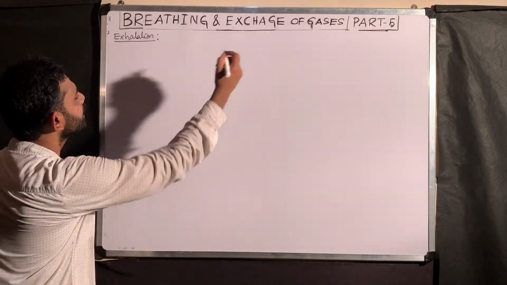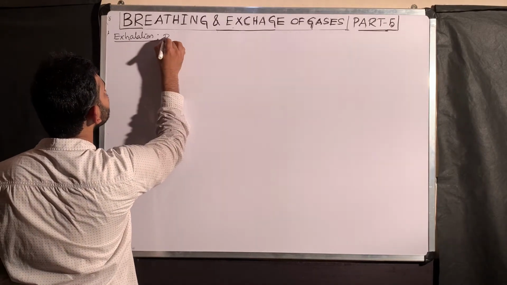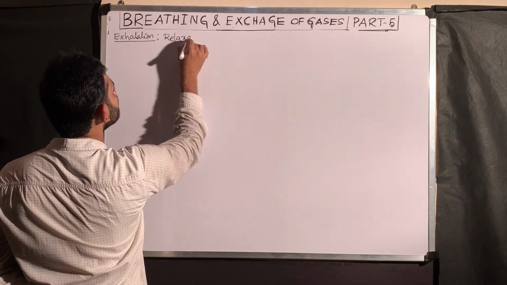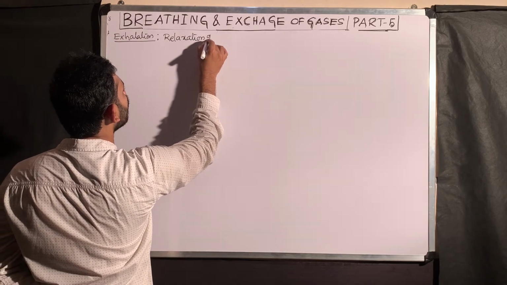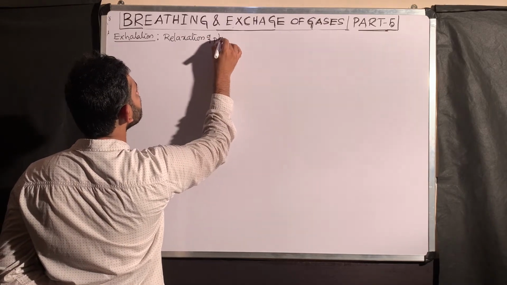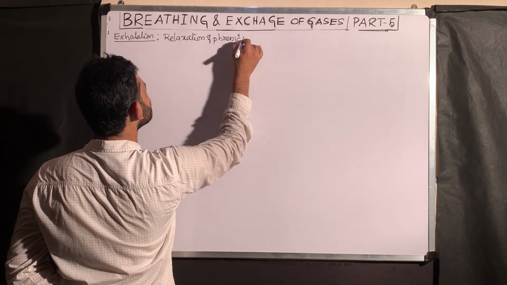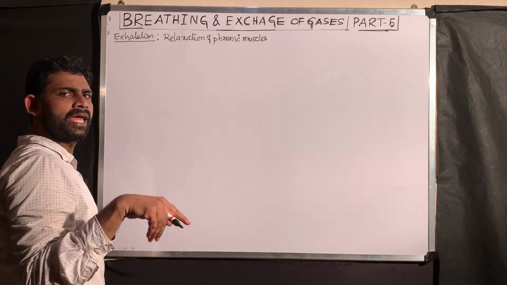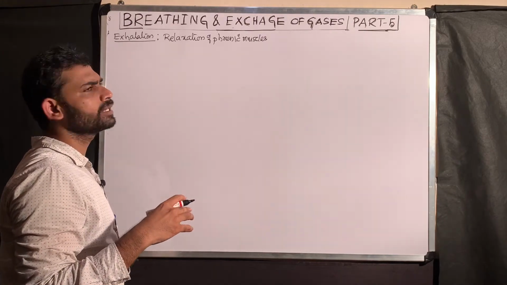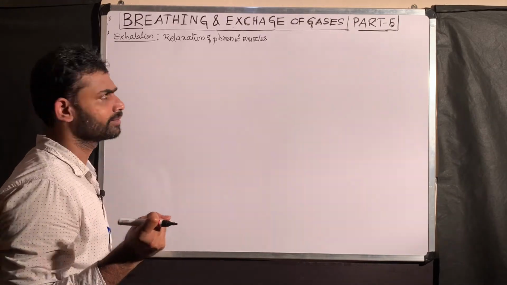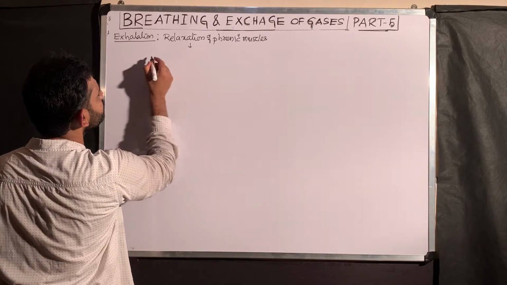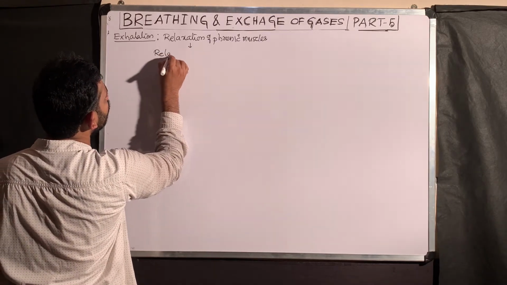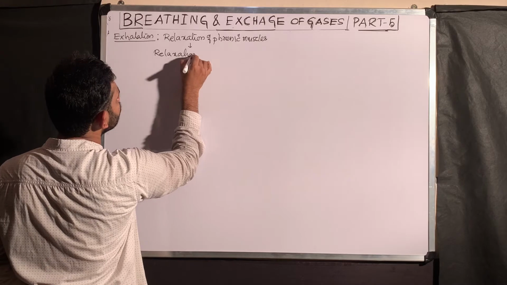So here, that means relaxation of phrenic muscles. The muscles get relaxed. In case of inhalation, what is happening? Muscles get contracted. That makes relaxation of the diaphragm.